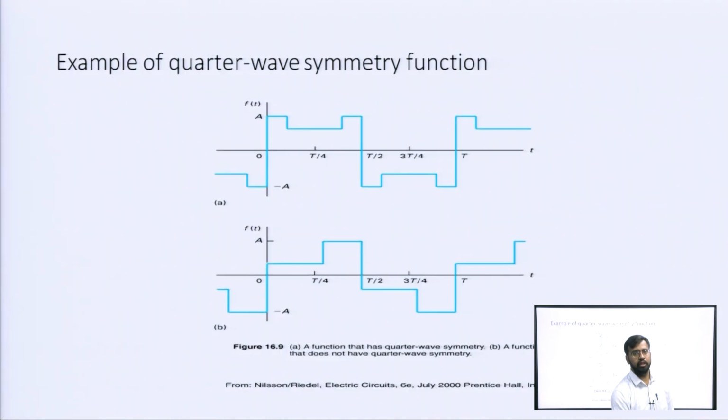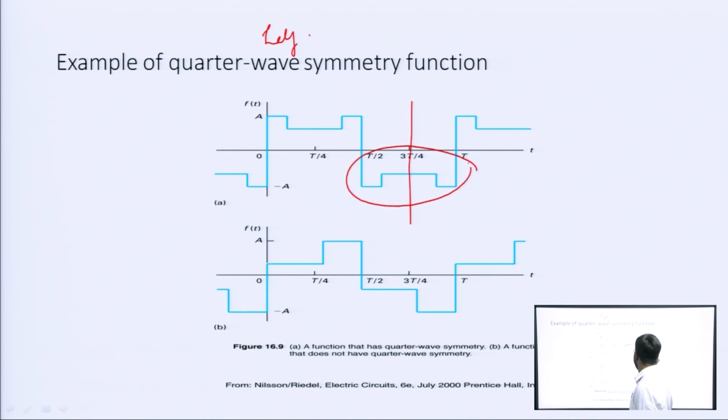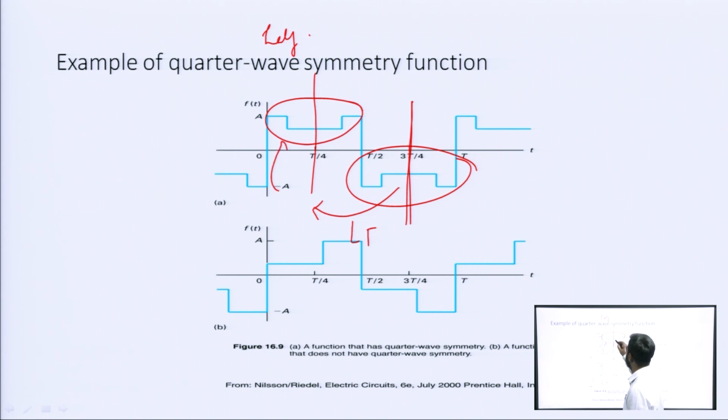What is quarter wave symmetry? Quarter wave symmetry has one additional thing: it is half wave symmetry, plus it is also symmetric in its respective half. See, this signal is also symmetric. If we draw the axis here, it is also symmetric. It is also half wave symmetric, because if you do left folding and then up folding, you will get the same signal.